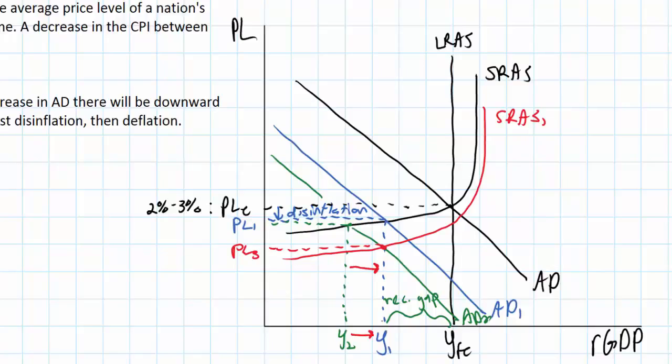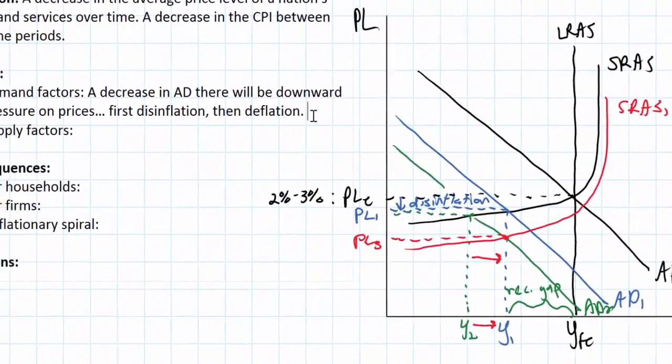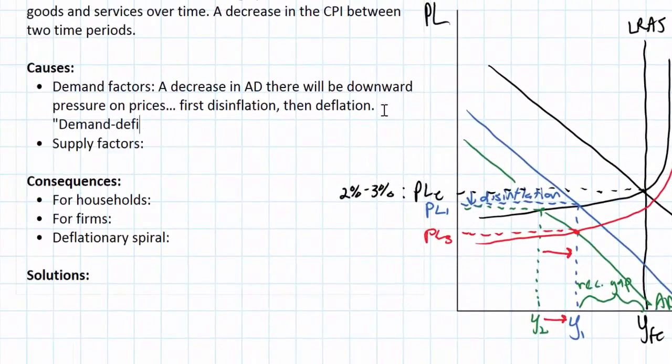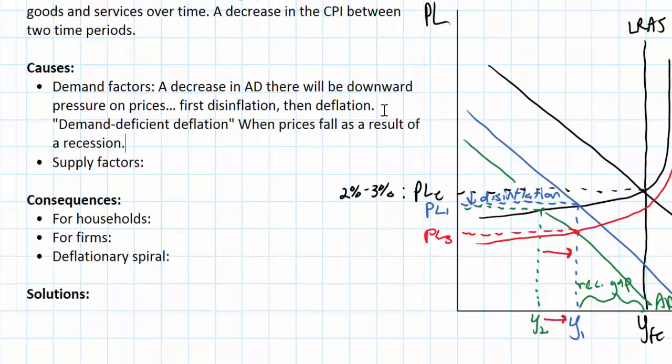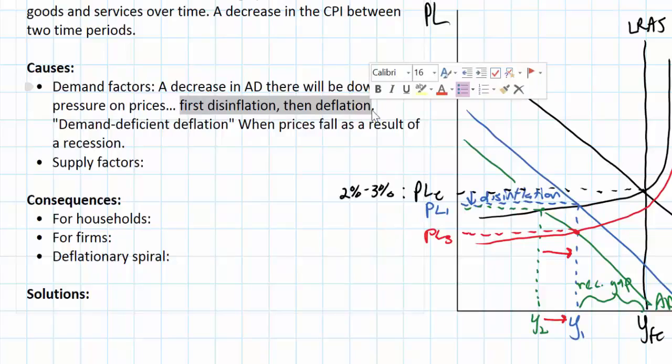So as we've seen in our graph on the right, a decrease in aggregate demand causes what we call demand deficient deflation. This is when prices fall as a result of a recession. Weak aggregate demand puts downward pressure on prices. First disinflation, then deflation.